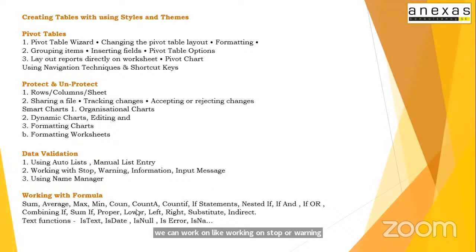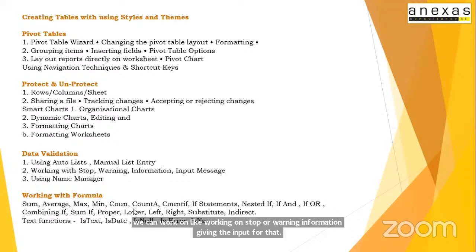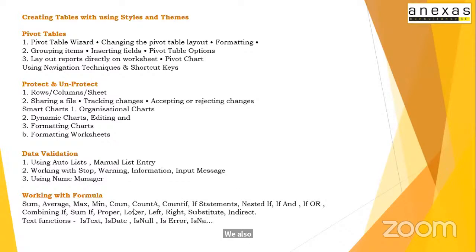We also teach you working with formulas like sum, average, max, min, IF, nested IF, combining IF, and SUMIFS, which you can also use for summarization. This is for text: proper, left, right, substitute, and indirect will be for text and all.